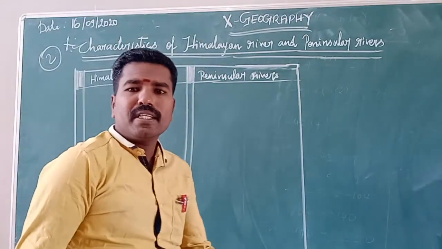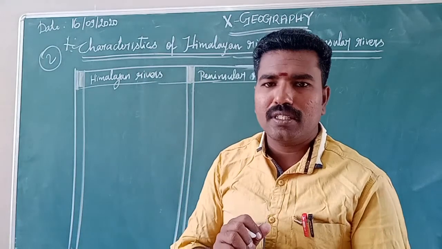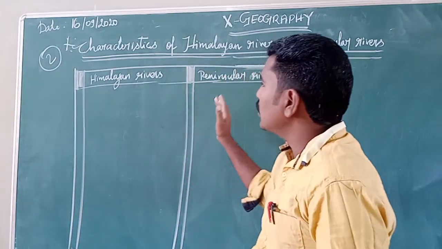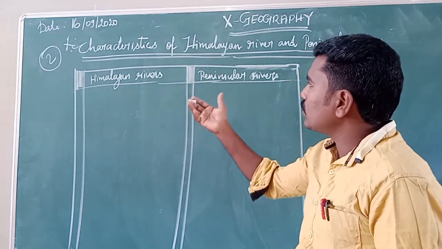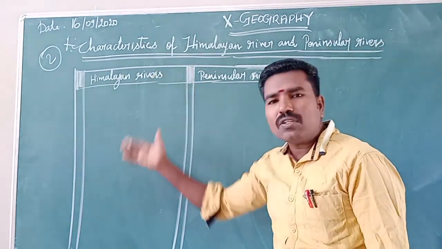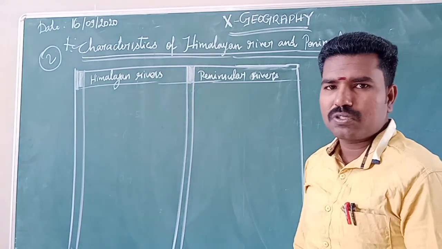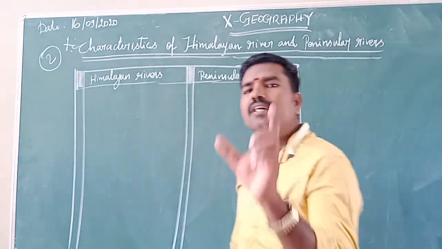We have majorly 5 points for each system. First we are going to write the characteristics of the Himalayan rivers.